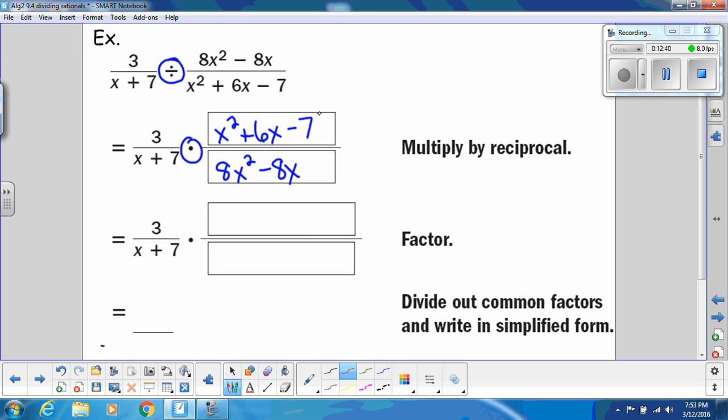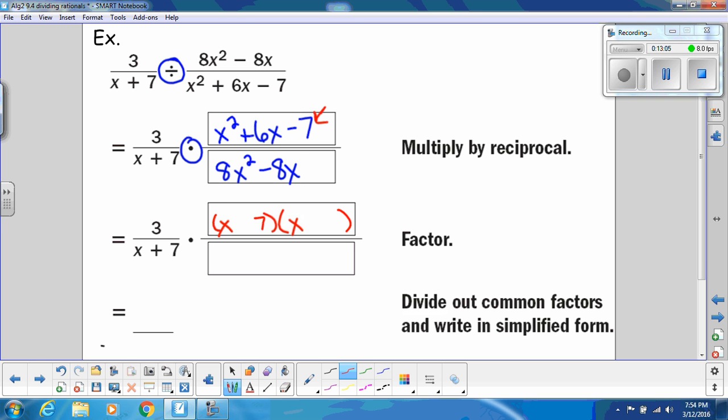So now let's look at the numerator right here. Do we have any greatest common factor? No. We have 3 terms, so that's when we're going to look for, can I multiply 2 numbers to get -7 and add to give me 6? So 2 numbers that multiply to give me 7, well, that's just 7 and 1, isn't it?